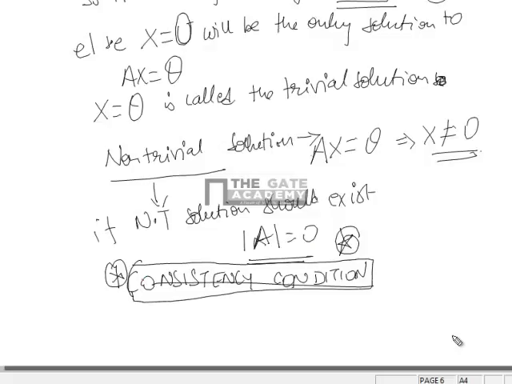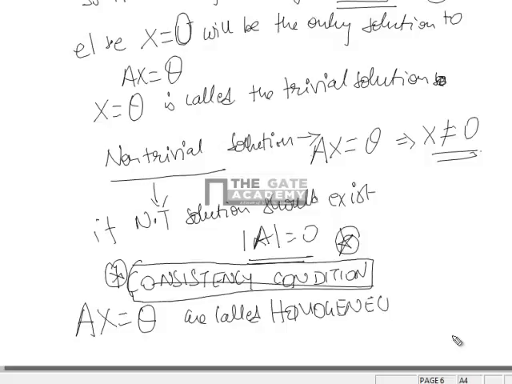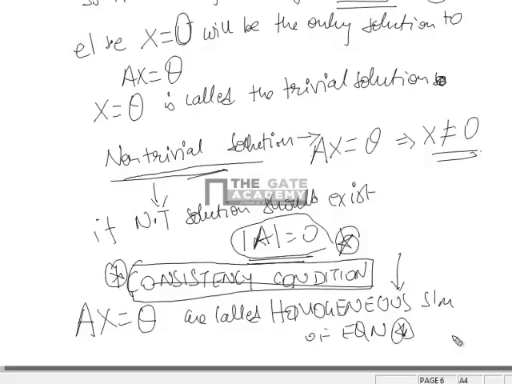And the systems Ax equal to 0 are called homogeneous system of equations. Clear? So for a homogeneous system of equations, if I have to find a non-trivial solution, the non-trivial solution will exist only when the determinant of the system matrix is 0. Clear?